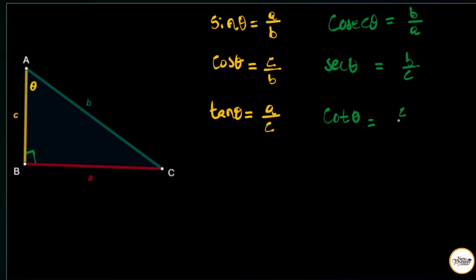Then your cot is going to be C over A. So you can see that you just flip your ratio for sine, cos, and tan to get the ratios of cosec, sec, and cot. And that's how you easily do that.